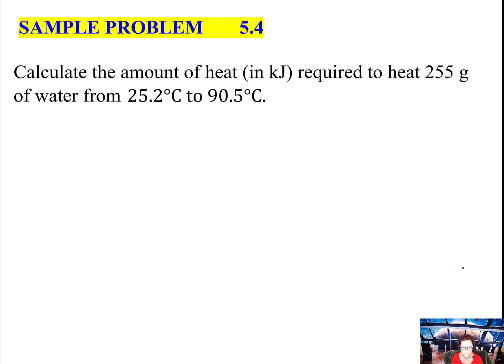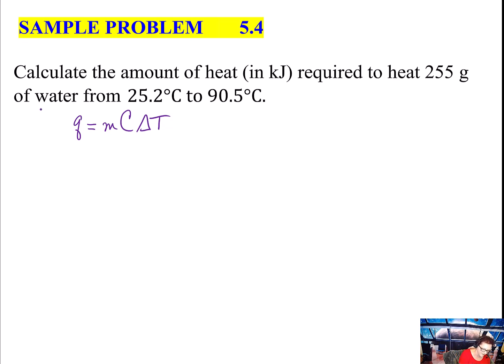So calculate the amount of heat in kilojoules required to heat 255 grams of water from 25.2 to 90.5 degrees C. So when we use the formula to do these calculations, we're going to be using Q equals the mass times C, times delta T. And remember, the C is going to be your specific heat.